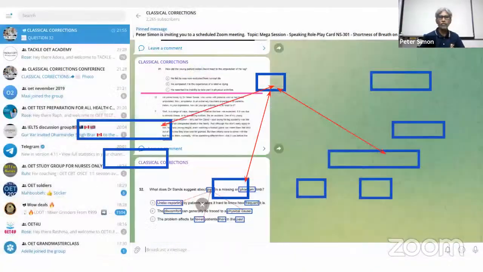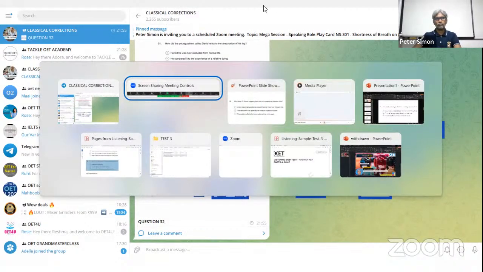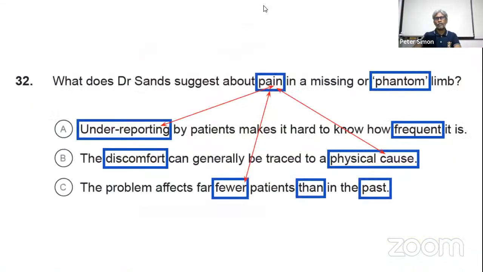Question number 32. Yes. Pass, share. And I'm giving you the answer here. Create a poll.